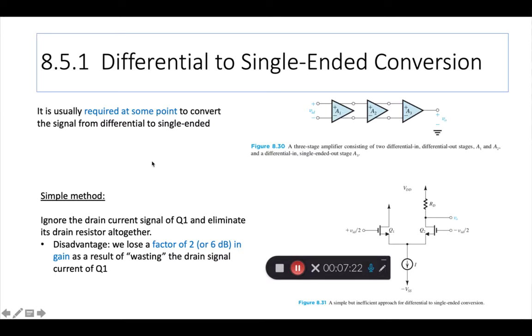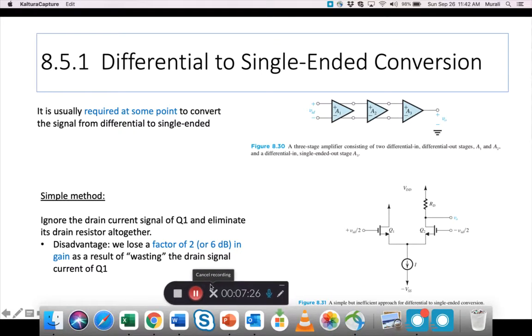So will you get the benefits, or will you lose the benefits of taking an output as a differential output for the A3 stage, or is there a way we can prevent it, or is there a way we can avoid the disadvantages? So that's what we'll study.